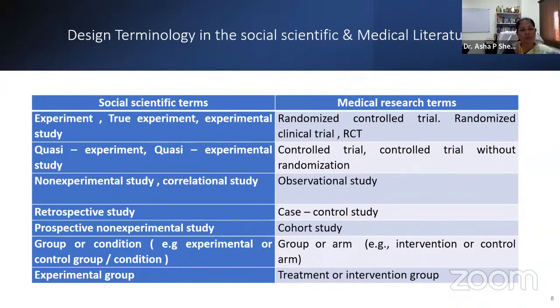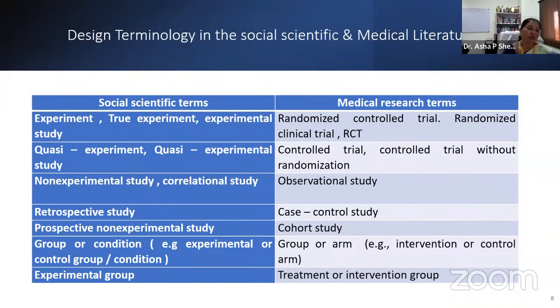The non-experimental studies or correlational studies are looked at as observational studies in medical research. The retrospective studies, on the other hand, are the case control studies. The prospective non-experimental studies are the cohort studies. Usually in our nursing studies, we consider a group, or a condition, experimental or control.